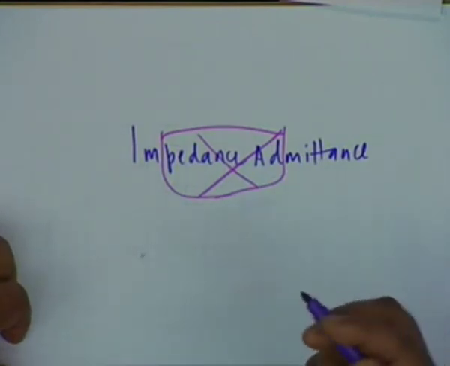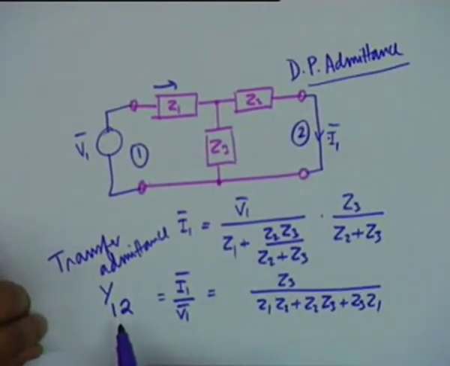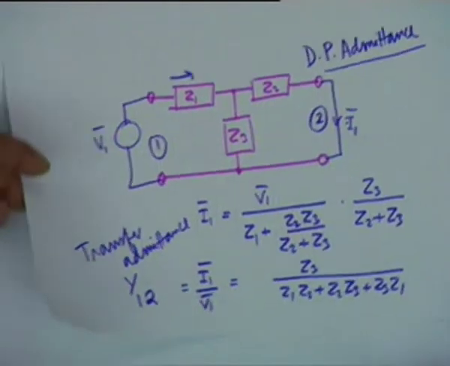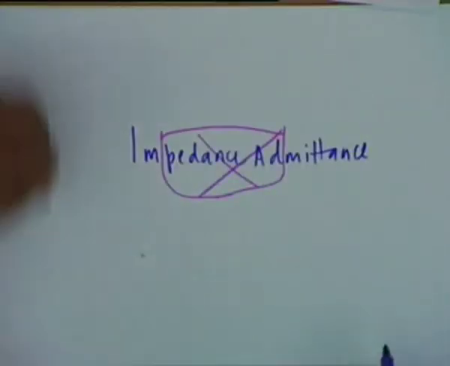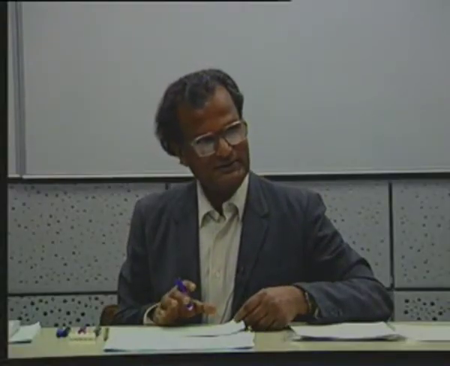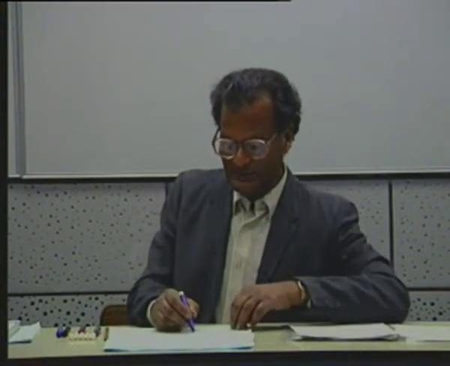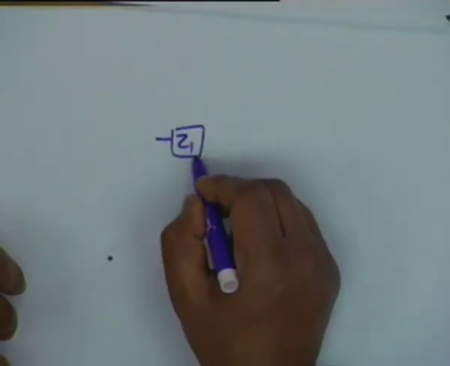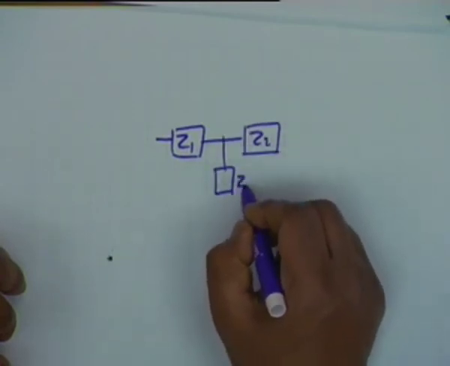Now let me go back to the circuit. I found out here that the transfer admittance is obtained as Z3 divided by Z1 Z2 plus Z2 Z3 plus Z3 Z1. Now let's interchange the source, the excitation and the response ports. I have the same network Z1, Z2 and Z3.